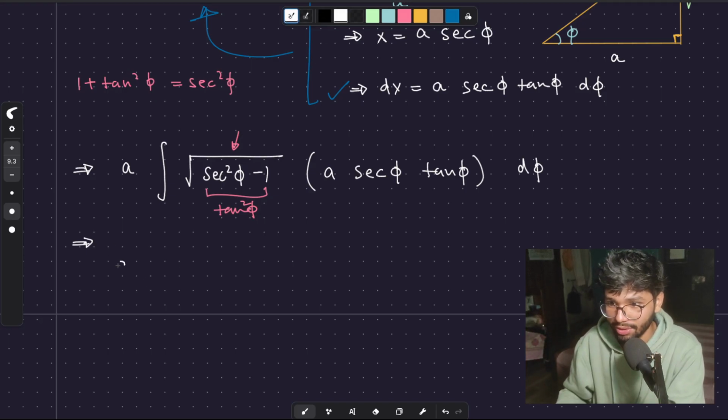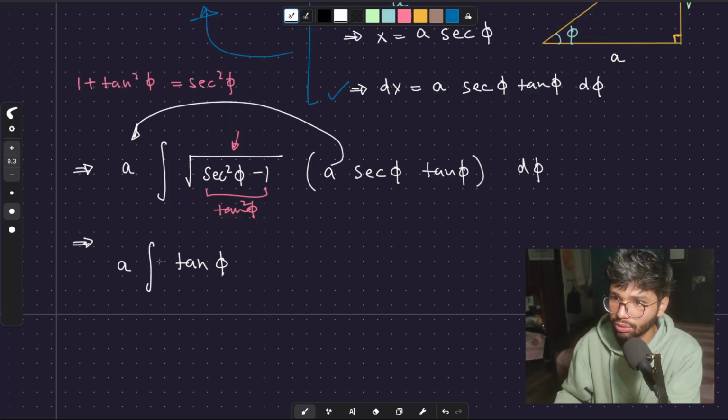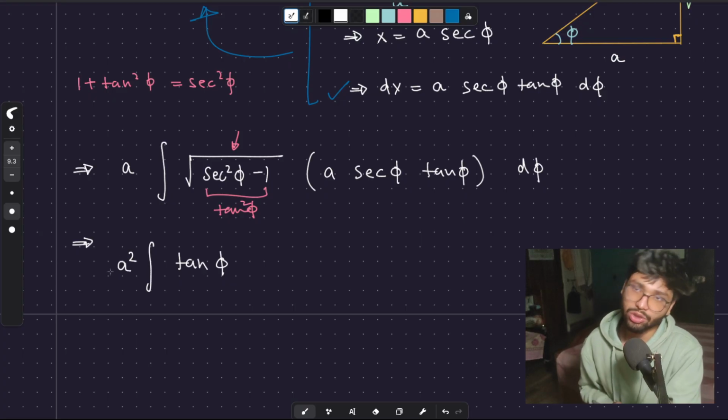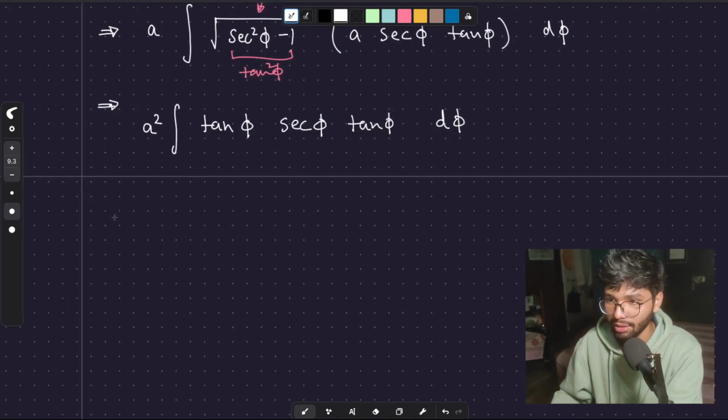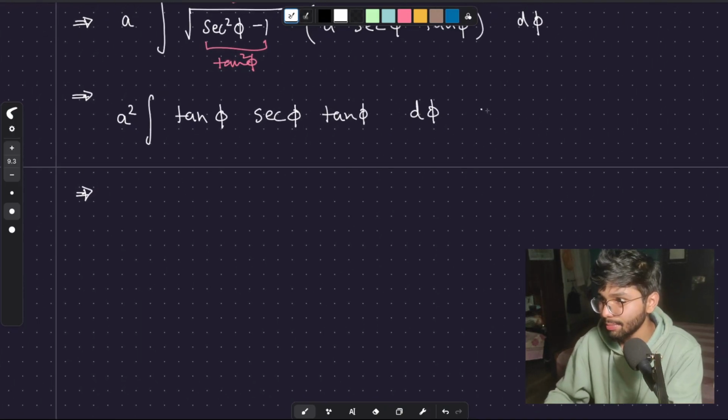All right, so this is going to be a tangent, and we can factor this a out as well. So a squared times secant times tangent d phi. Again, we'll have an interesting combination. We can simplify it even more.